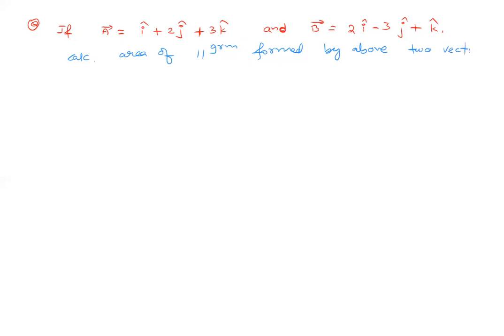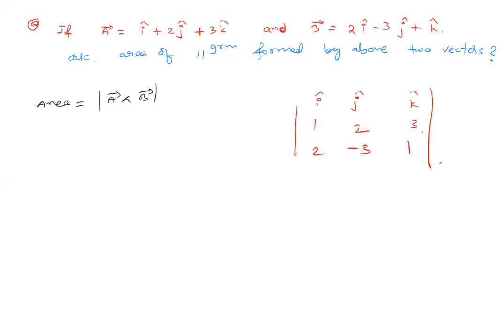So how you will calculate the area, I'll tell you. If this is a bar and this is b bar, your area, as we have discussed, is mod of a bar cross b bar. So you have to write i cap, j cap, k cap in the first row, then 1, 2, 3, then 2, minus 3, 1.